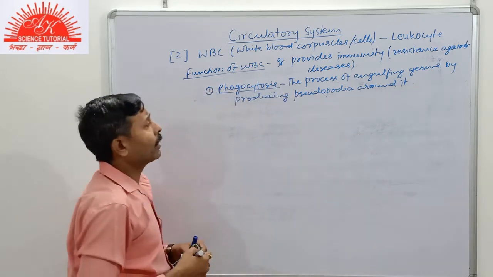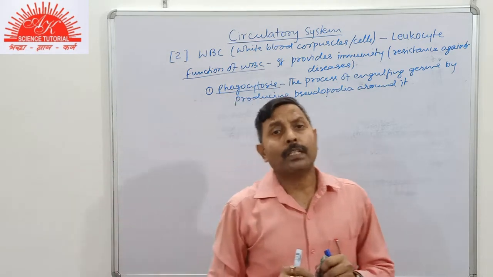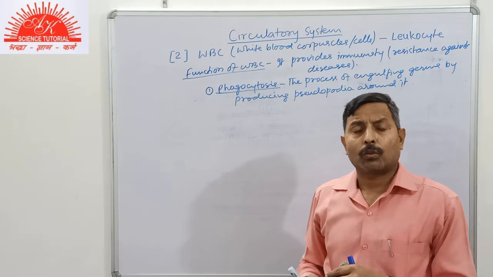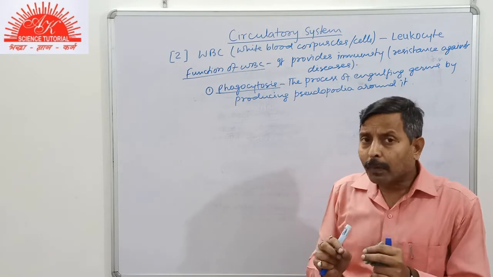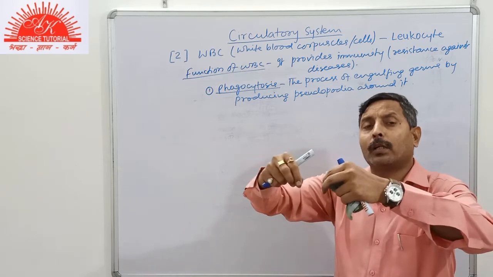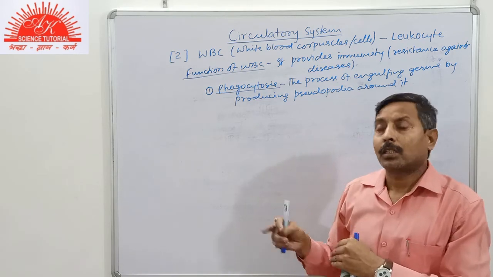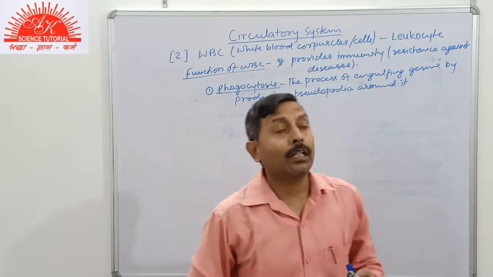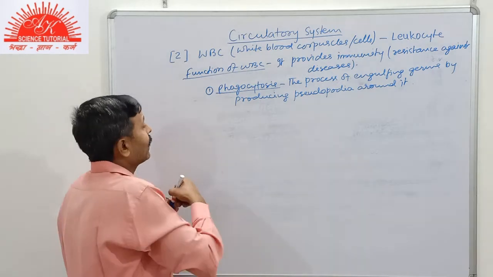Now you see, student, at the site of injury, WBC squeeze out through the wall of blood capillaries, and at that place it produces pseudopodia around the germs, engulfs them and destroys them. So the first process to provide immunity is phagocytosis.